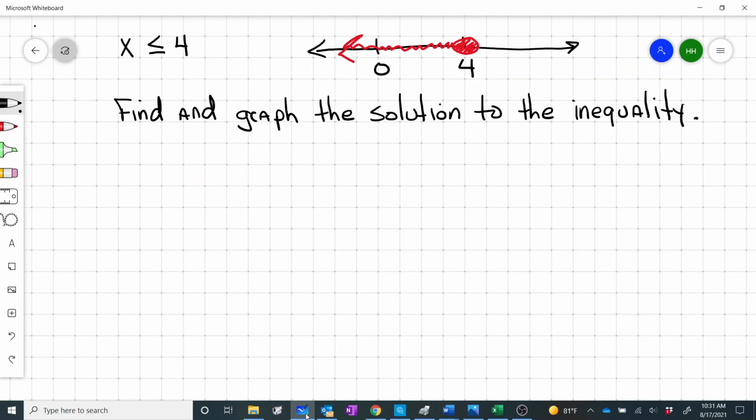And let's take something like, we've got negative 3 times 2x minus 5, plus 1, greater than or equal to 4.